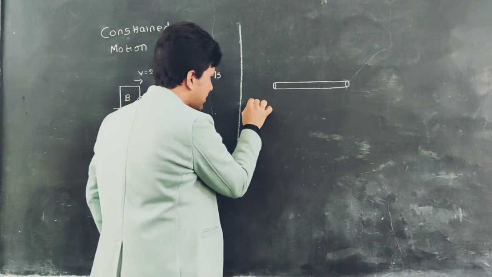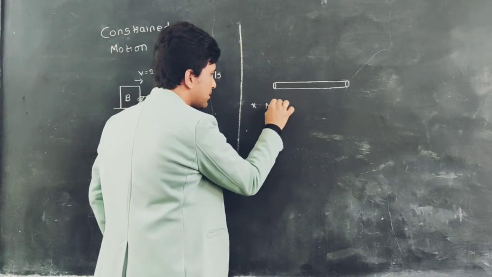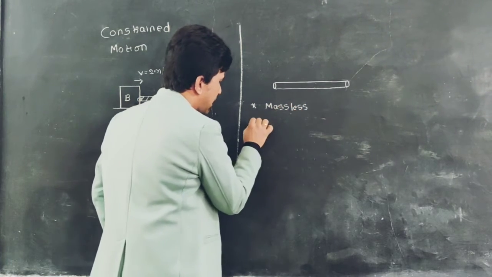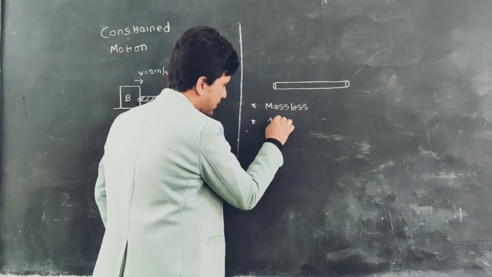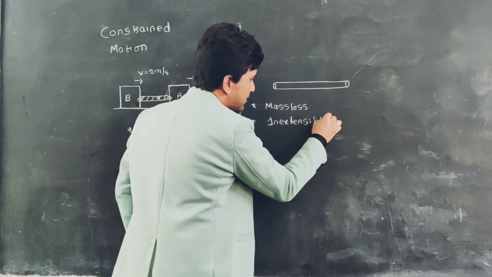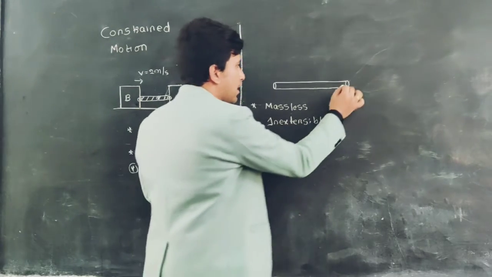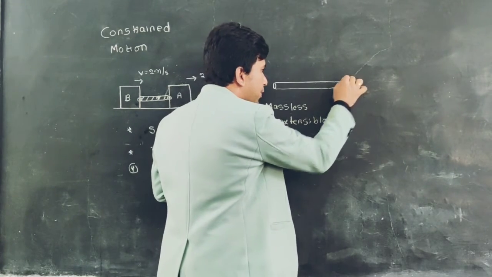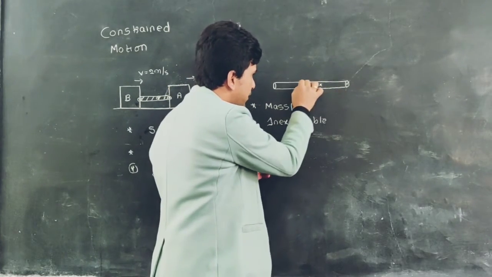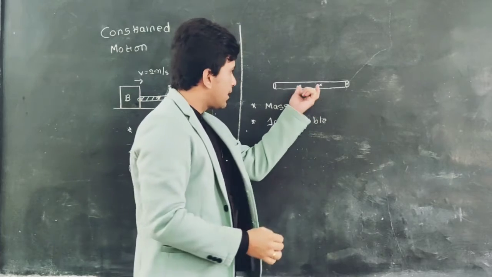The basic assumptions are: the string is massless and the string is inextensible. We don't want the string to break if the velocity at two different points are different.